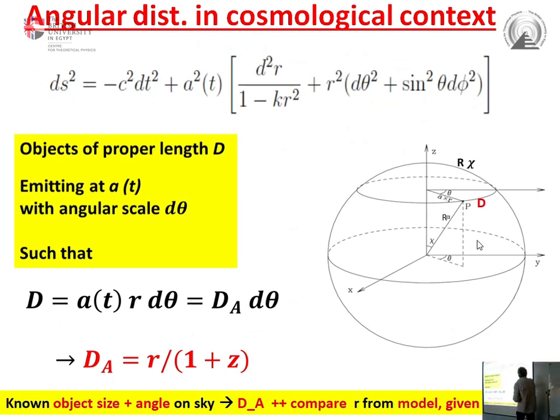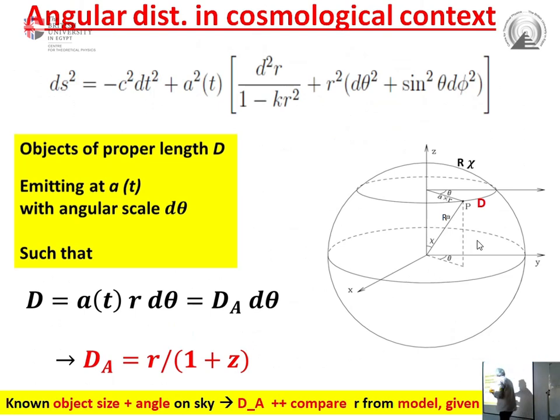So this is r theta, and this is my object. If I know d, for example, if for some reason I know that this object is of a certain size, and I can see the angular size by measuring in the sky how much the object spans, then I can know r.